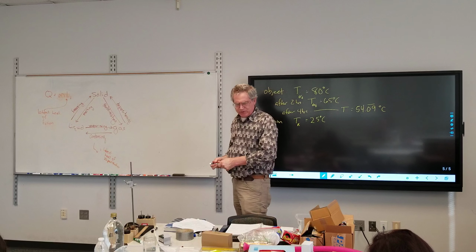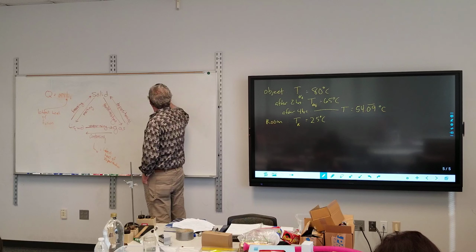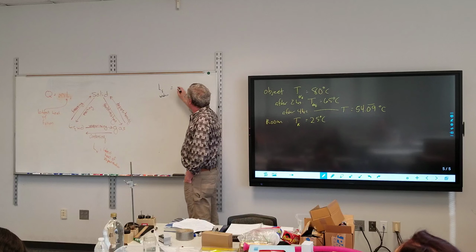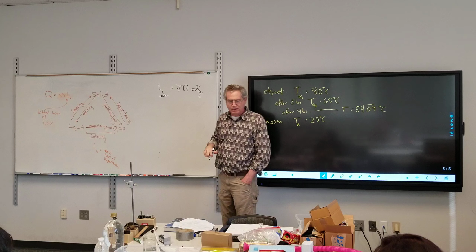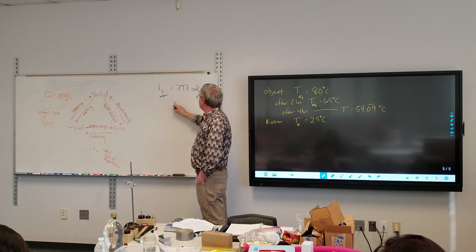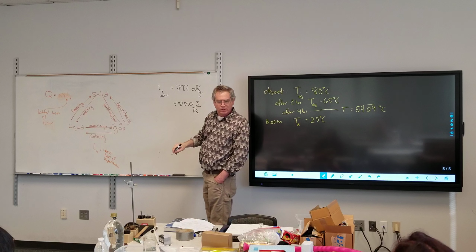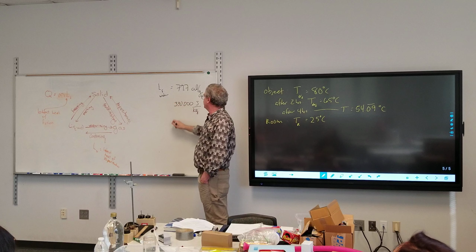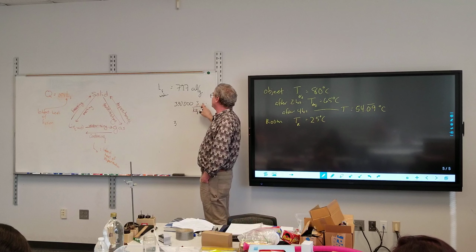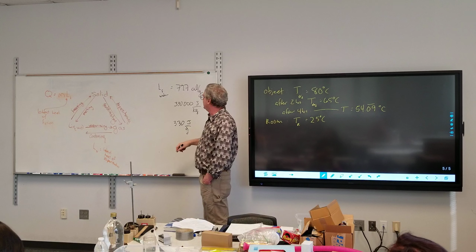All right, let's give some examples here. The latent heat of fusion for water is 79.7 calories per gram, or 330,000 joules per kilogram, or 330 joules per gram.